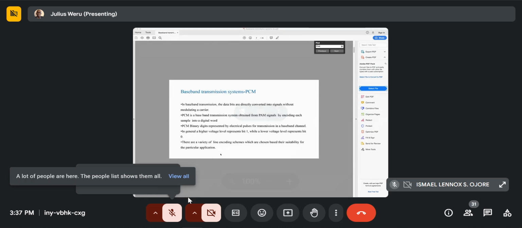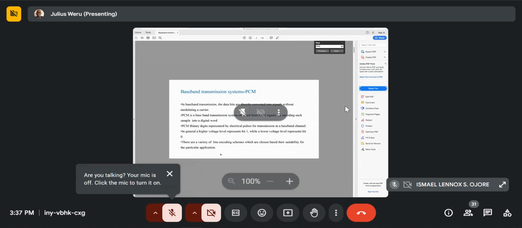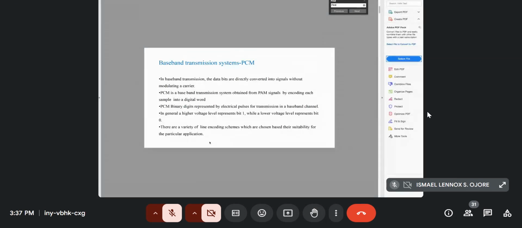So baseband, when you talk of baseband, a good example is PCM, as a digital baseband system. It's a system in which you don't modulate a carrier.